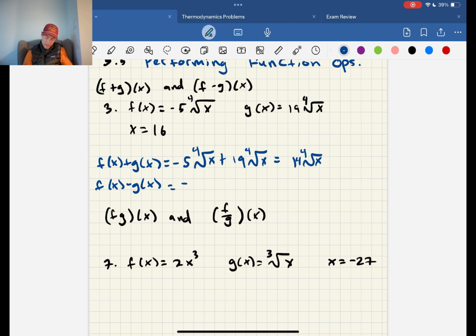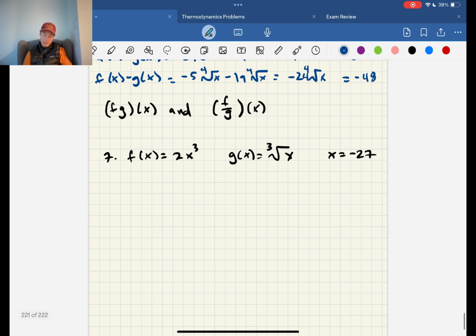That's -5 4th root x minus 19 4th root x. That's -24 4th root x. Great, and then it just wants you to plug in 16 for x on both of those. 4th root of 16 is 2. 14 times 2 is 28. And then 2 times -24 is -48.